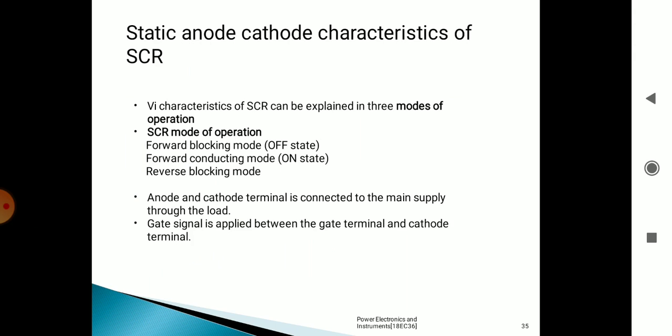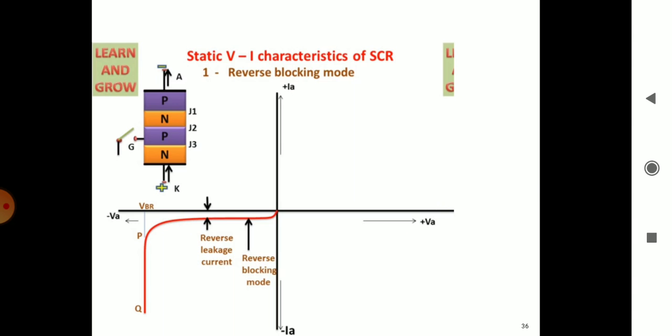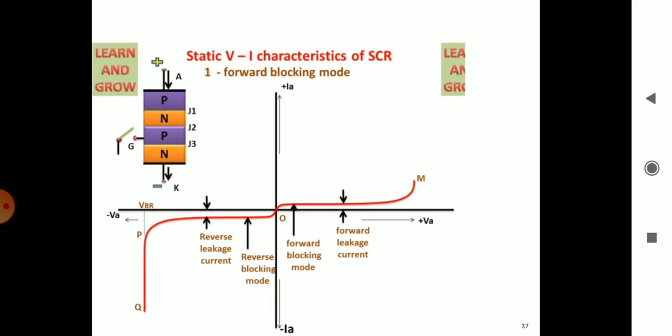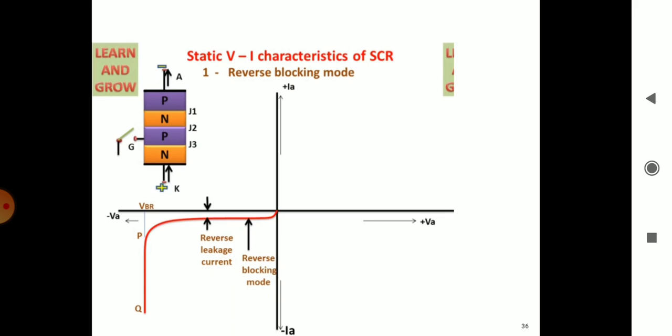That is nothing but an explanation of that circuit. First we will see forward blocking mode. Okay, first we see reverse blocking mode. The first mode, reverse blocking mode.